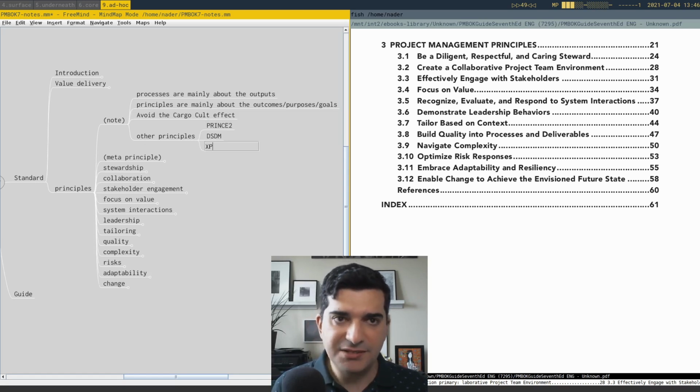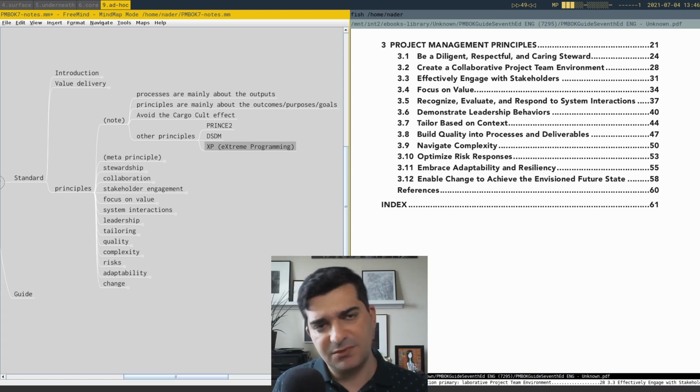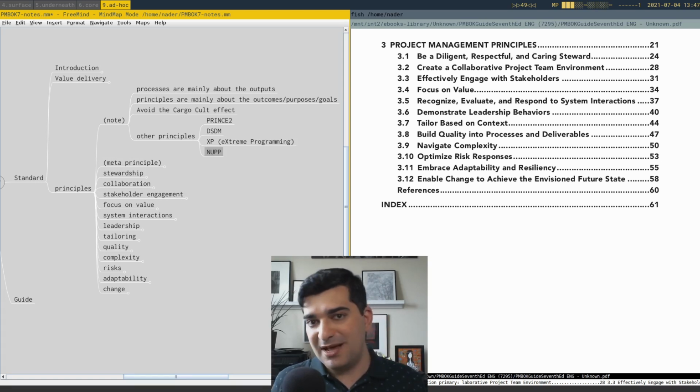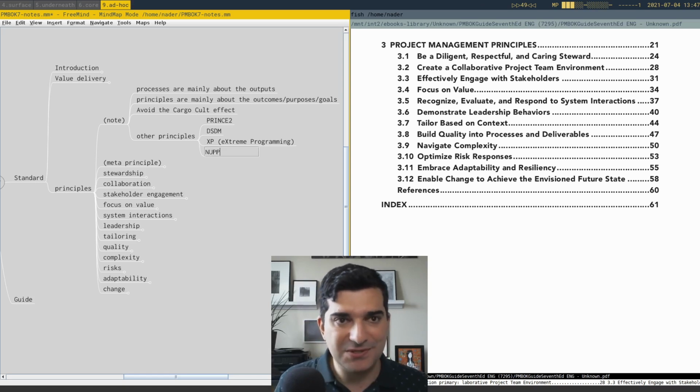I think XP, Extreme Programming, had principles as well. And of course, there's Noop that I was involved with. Noop is not a project management system with principles, it's only principles, nearly universal principles of projects.